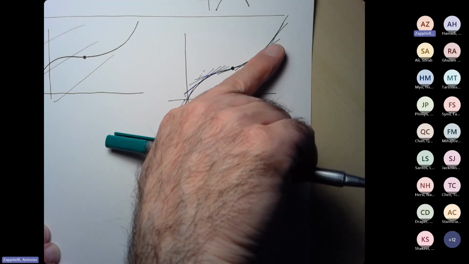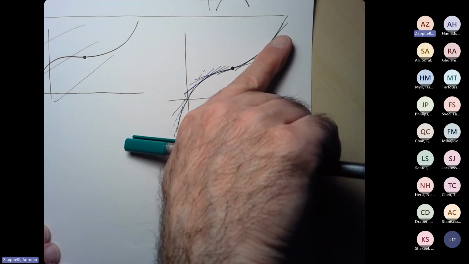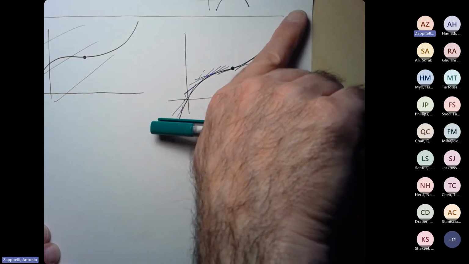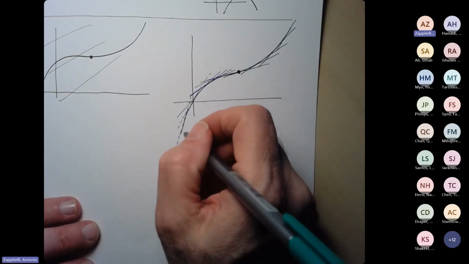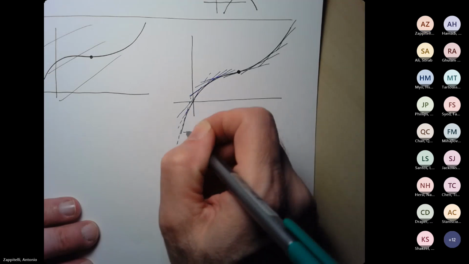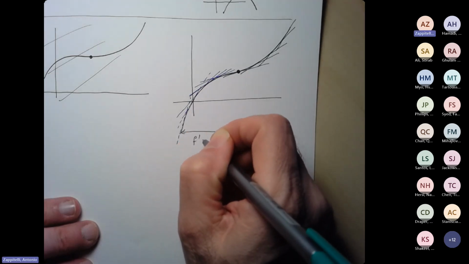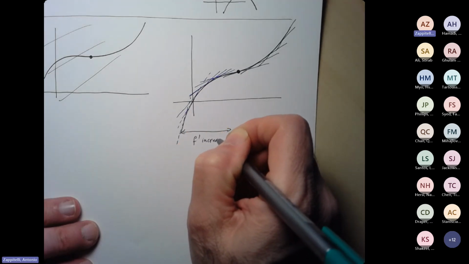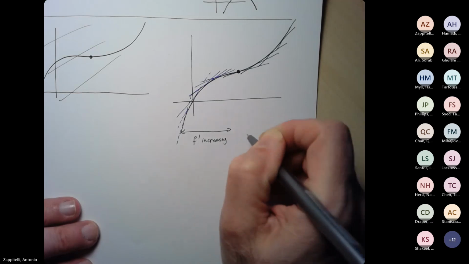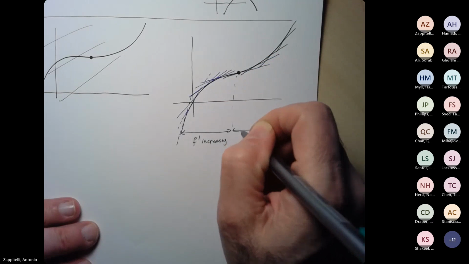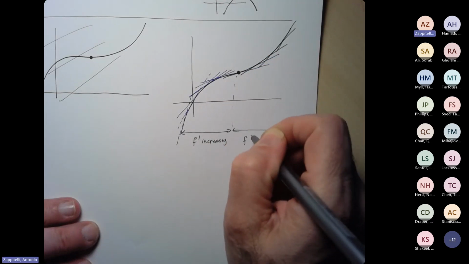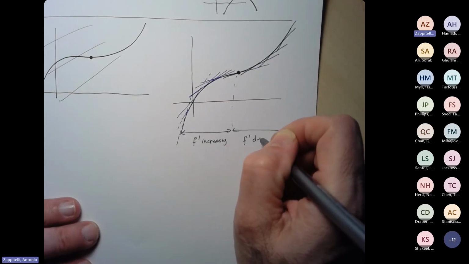Can you see that they start getting bigger and bigger and bigger? So here we see that in this interval, f prime is increasing. And then in that interval, after that point, the derivatives are decreasing.